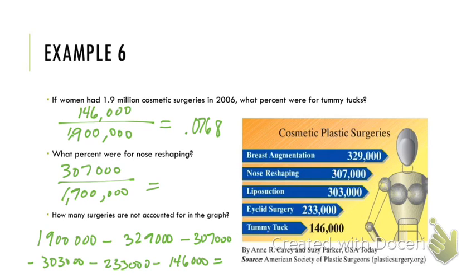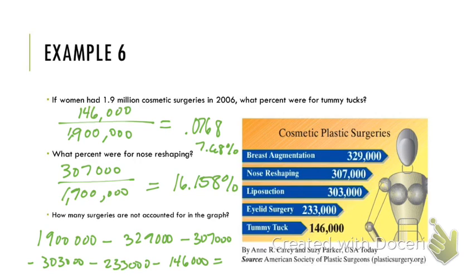What about the second one? 16.158%. You could do 7.68% because it's asking for a percent. We do 16%. Either way, I will take it as a decimal or a percentage.